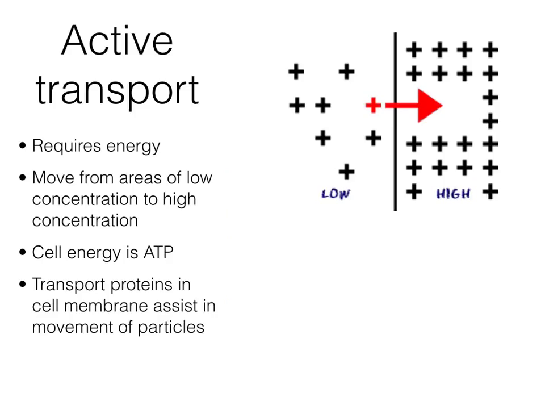Now, the opposite of this is active transport. Active transport requires energy. These are when we need to move things that aren't naturally going from high areas of concentration to low areas of concentration. This will move things from areas of low concentration to areas of high concentration. If you remember, diffusion and osmosis moved from areas of high concentration to low.